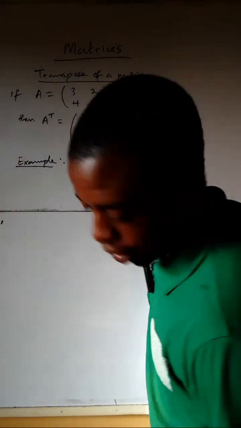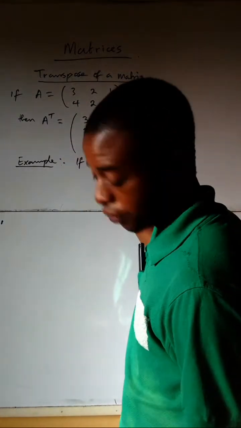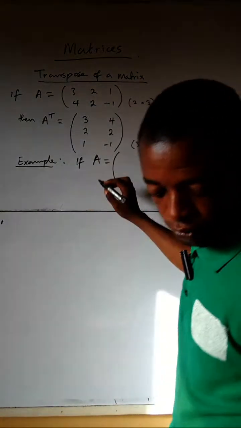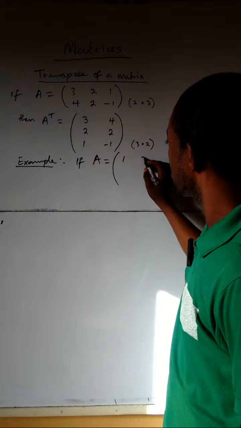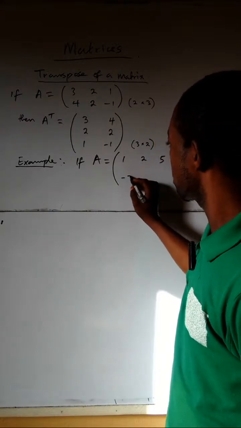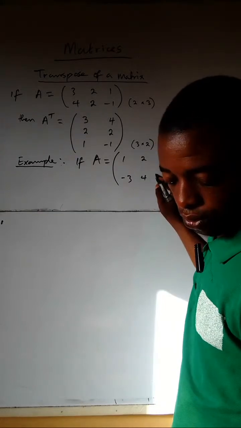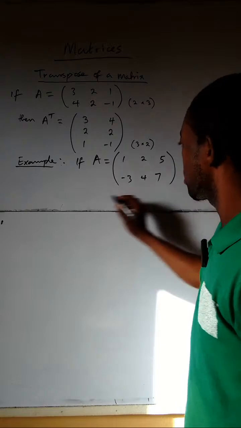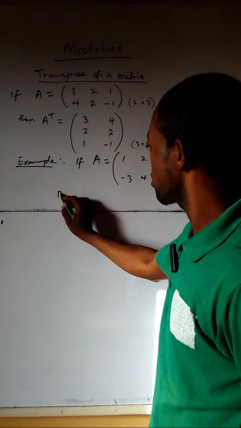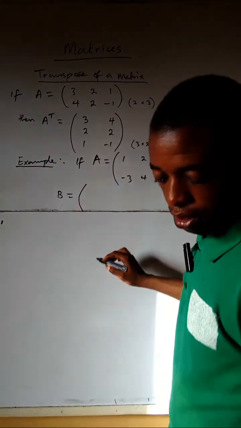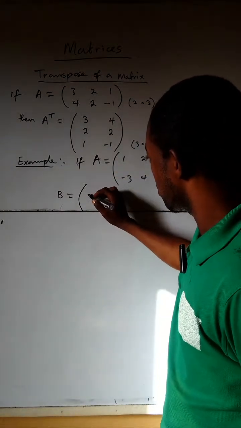If A is a 2 by 3 matrix, that is, we have 1, 2, 5, then minus 3, 4, 7, and B is given as a 3 by 2 matrix.